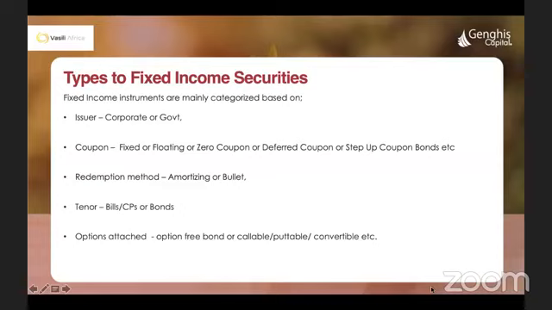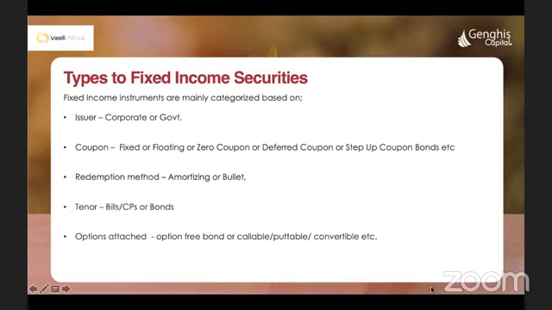You're supposed to be paid at 4.5. But because the floor is at 5, you'll be paid at 5. So floors protect investors, ceilings protect the issuer. The ceiling is the maximum level that the issuer cannot pay more than. The floor is the lowest that an investor stands to get if the interest rates are too low. That's how floating rate bonds operate.